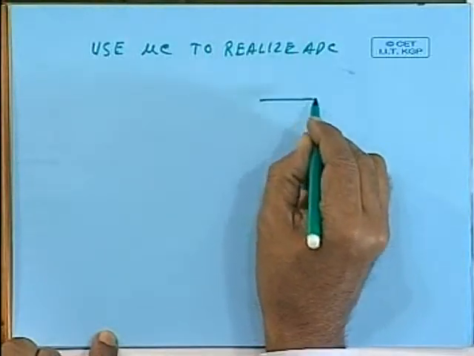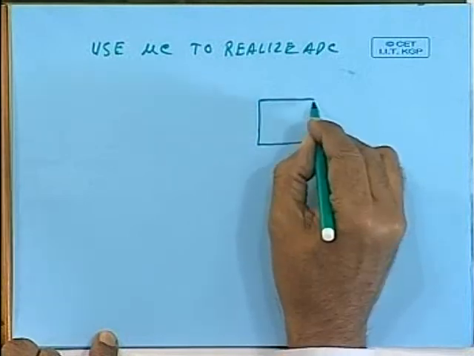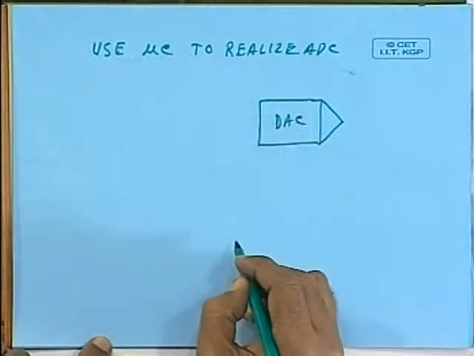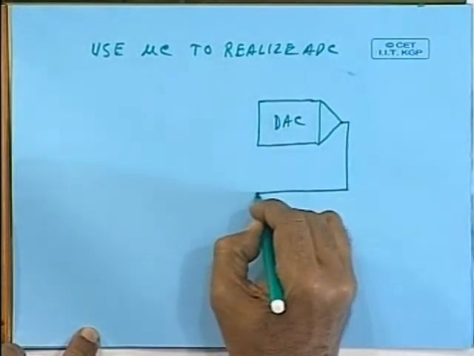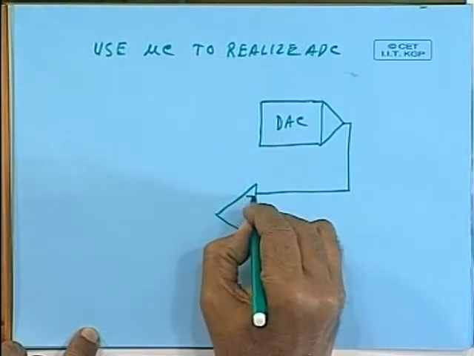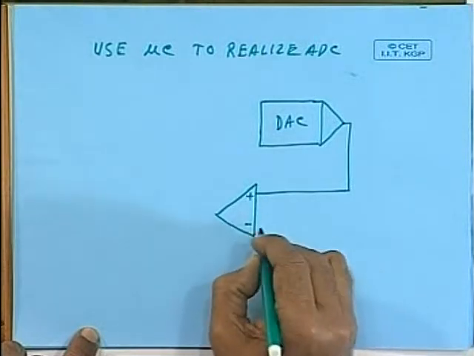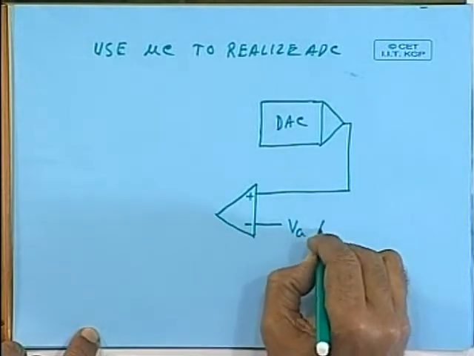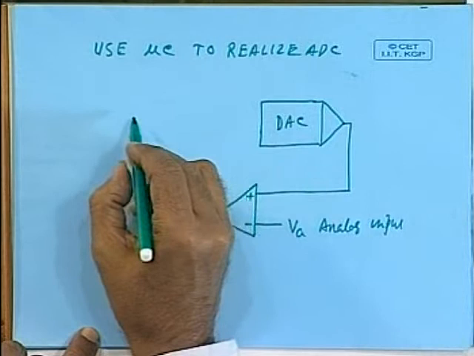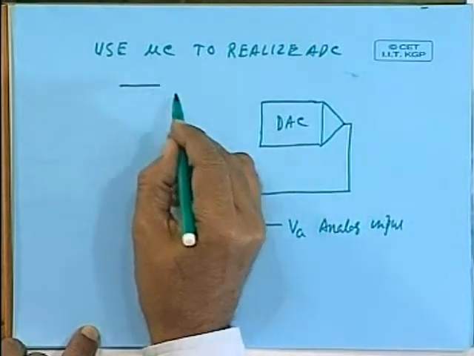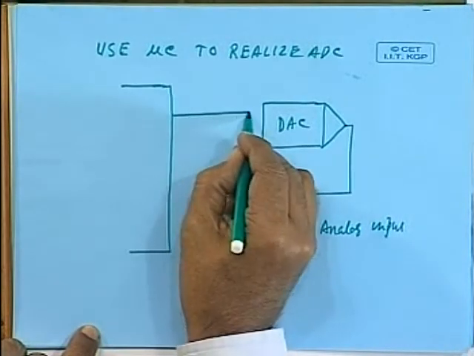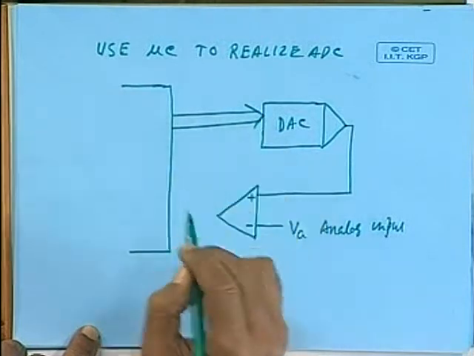We use a similar type of block diagram. We use one DA converter, and the output of the DA converter is applied to one comparator, as we did earlier. This is connected to, say, the positive input, this is the negative input, which can be connected to the analog input voltage. Now, the input to the DA converter can be connected to the port of one microprocessor.